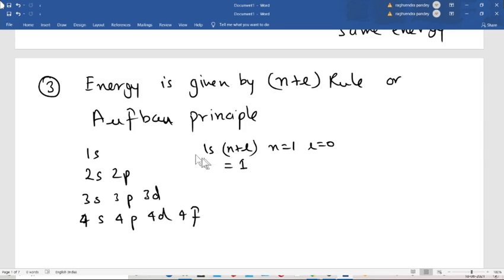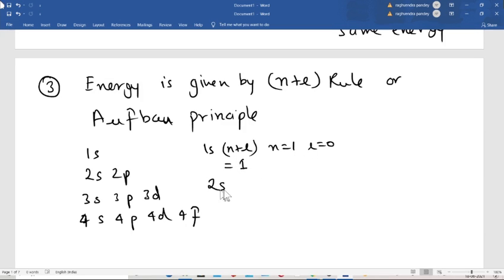Understood? Again I am repeating. For 1s, N plus L: N is 1, that is your shell. S is the value of L, that is your subshell. Shell plus subshell value. For s, L is equal to 0, so 1 plus 0 is 1.